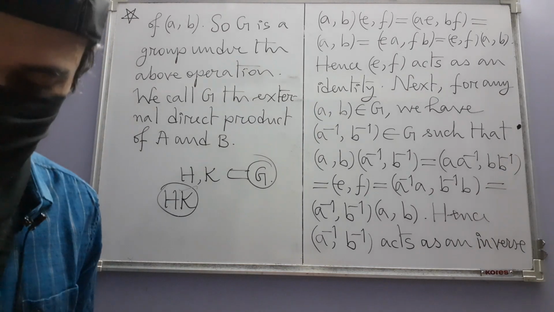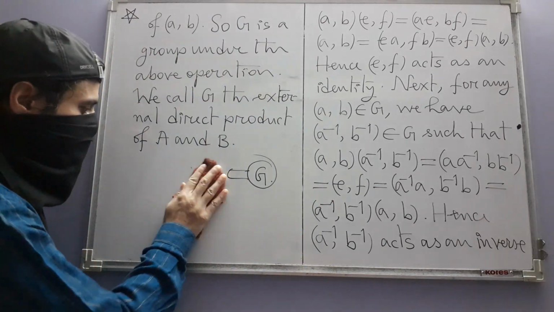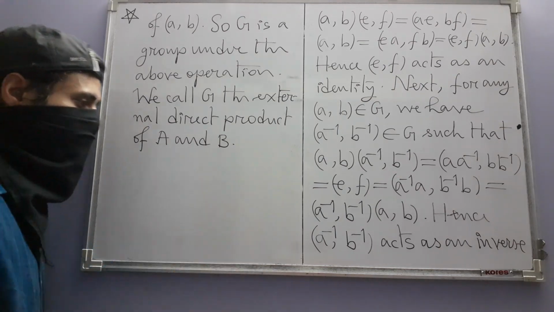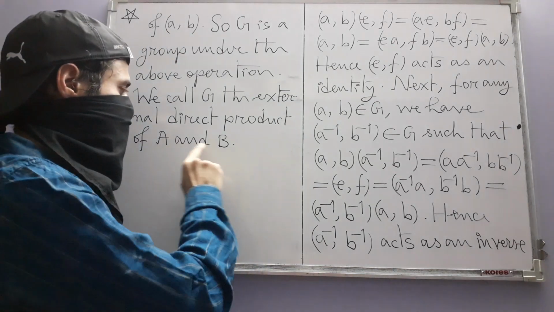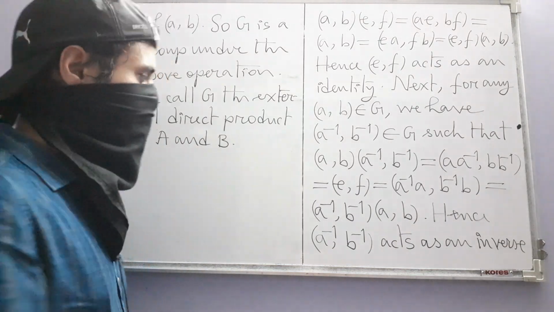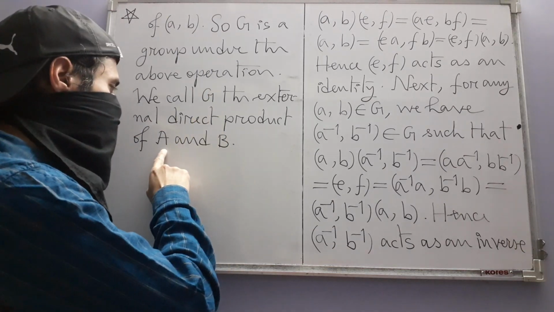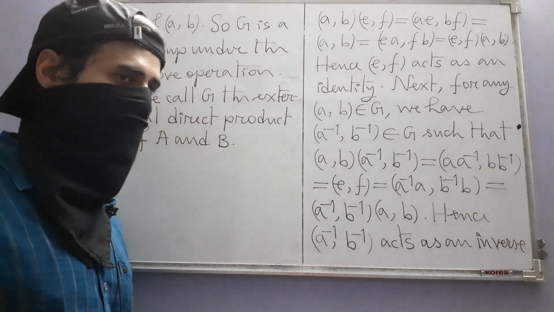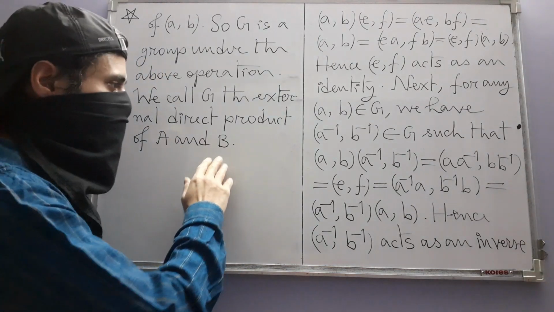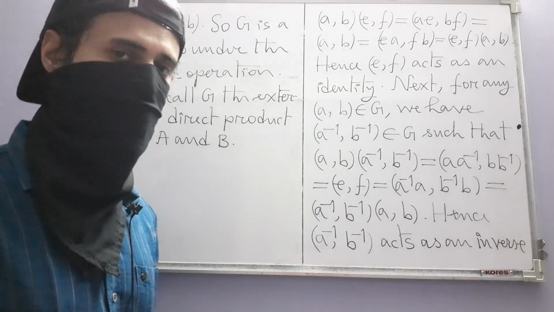But now we are going to see what role these groups A and B play in the group G. We have used A and B to construct G, so the group theoretic properties of A and B are of course going to affect what happens to G. But what kind of effect is that?